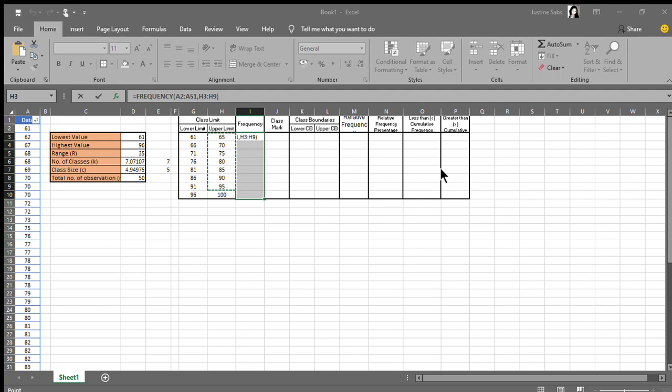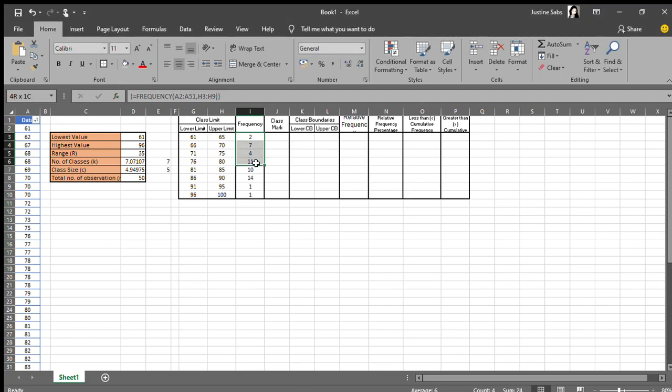So, since this is a function argument, we have to use the functions by holding the control and shift button of your laptop, then hit enter. So now we have this frequency. So that means the values from 76 to 80 is 11. For 81 to 85, that would be 10, and so on.